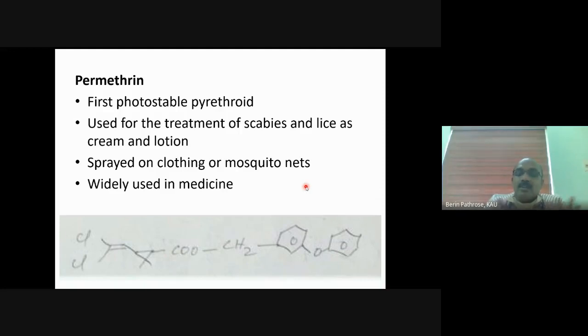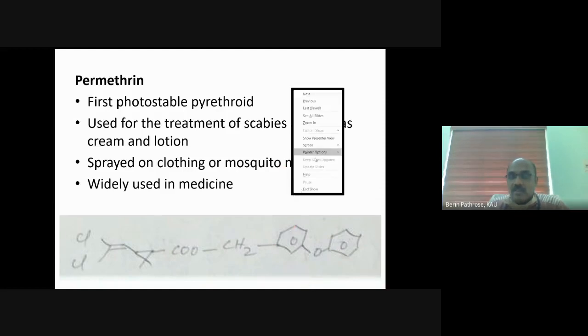Here it became photo-stable. What they did was they completely changed the alcohol part and introduced a phenoxyphenyl side chain to the alcohol part. This is phenoxy. This one, I will, just a minute.